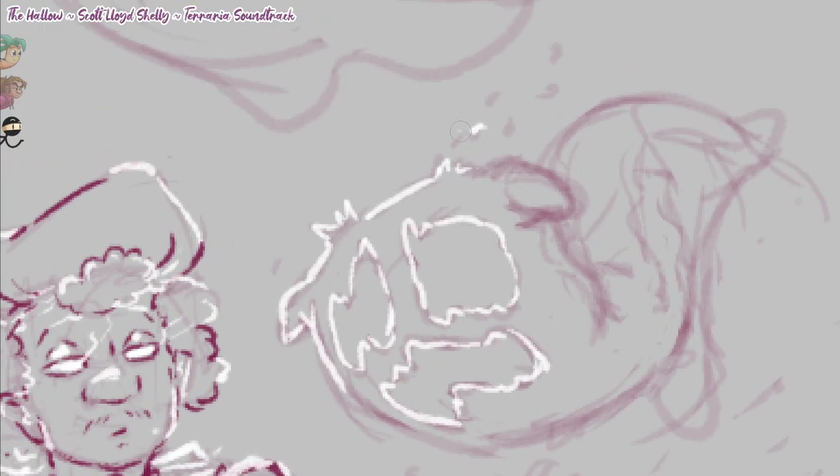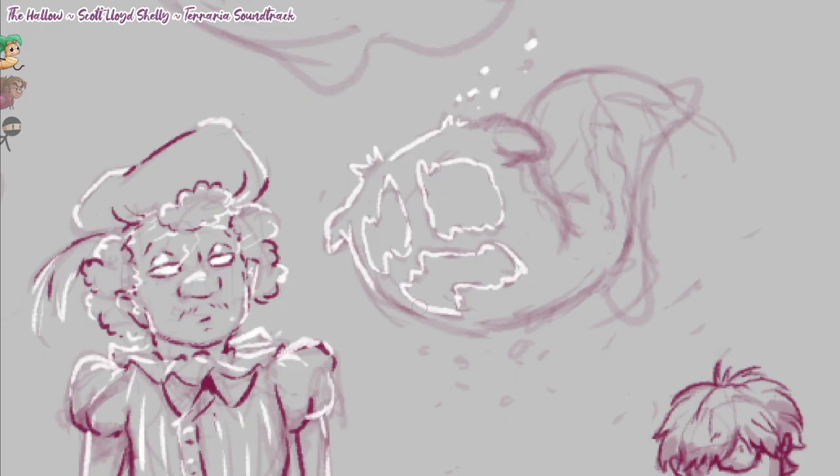Oh, maybe Inkheart. That one's a little interesting, though. We'll list that as provisional.